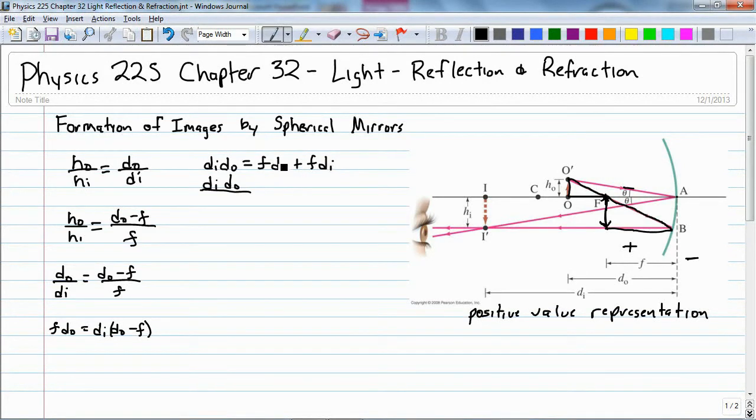The F is just going to factor out, and I can divide both sides by DO plus DI.